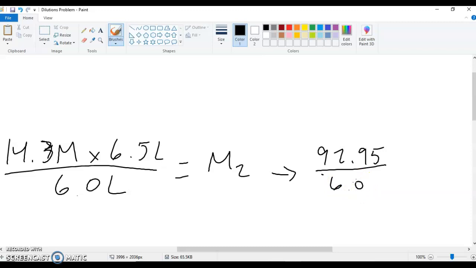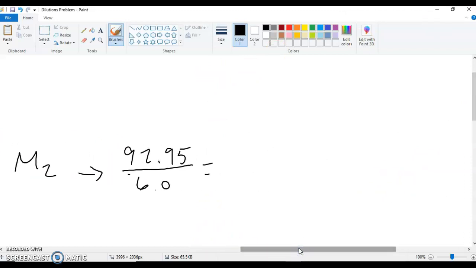And when I do that division, I get, I need to move my screen, 15.5 moles, or molarity, sorry. To be very specific there. You get a molarity of 15.5.